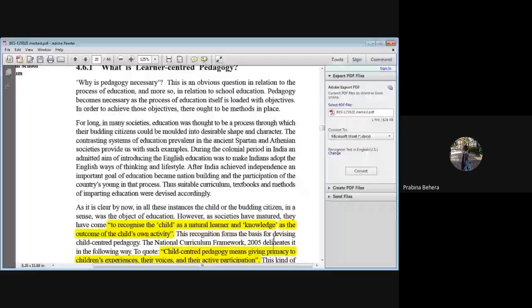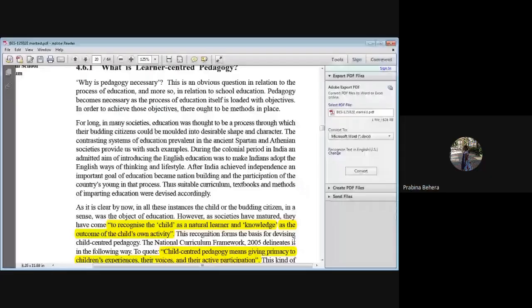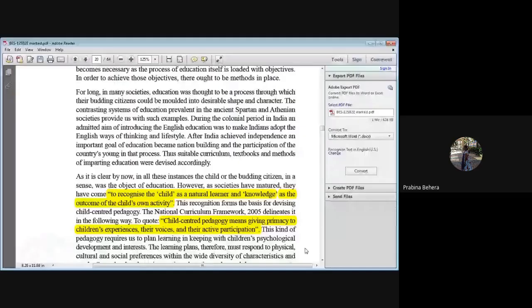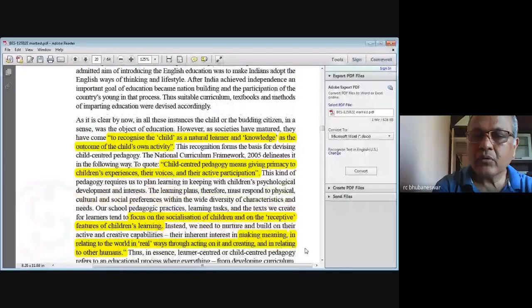Here NCF 2005 showed that child-centered pedagogy means giving primacy to children's experience, their voices and their active participation.